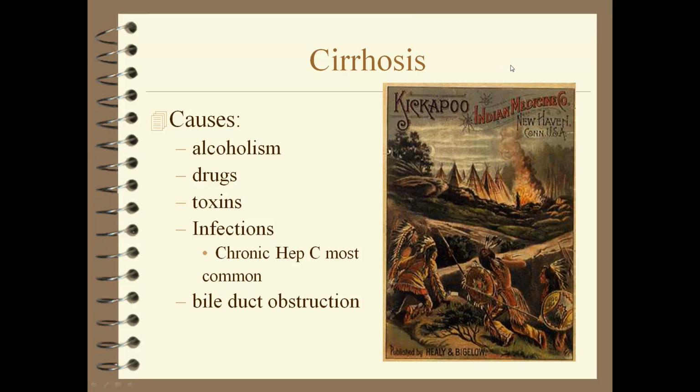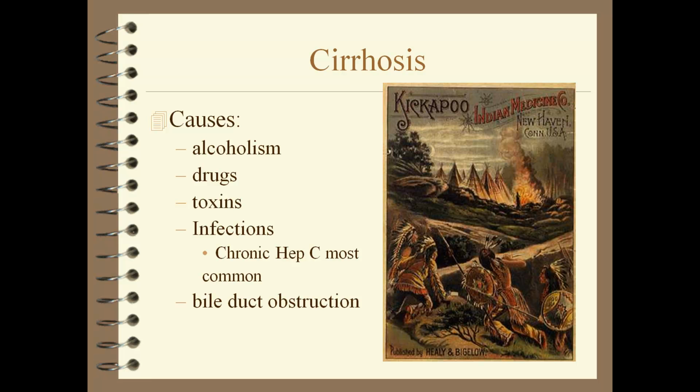So cirrhosis. Cirrhosis basically is a liver that's gone into failure. Some patients with cirrhosis of the liver, if it doesn't turn around, will die from this. It can be brought on by alcohol, drugs, toxins.